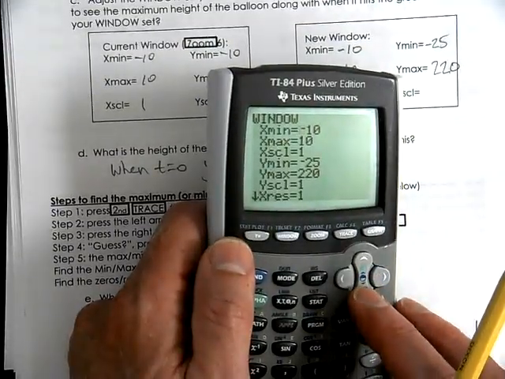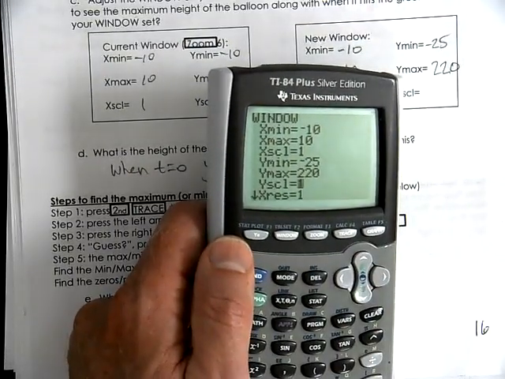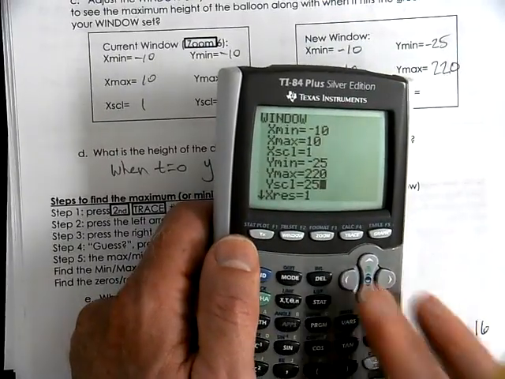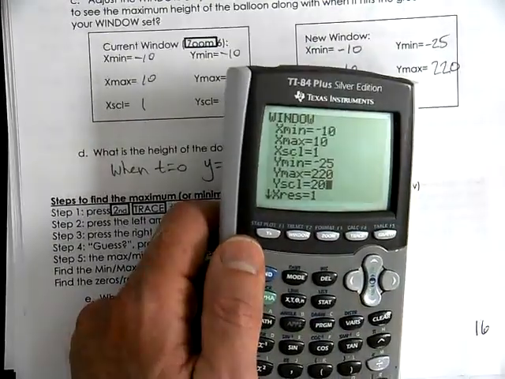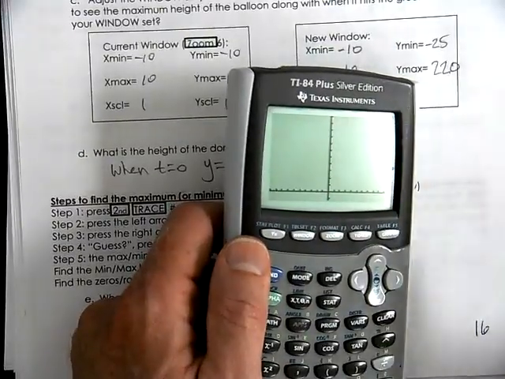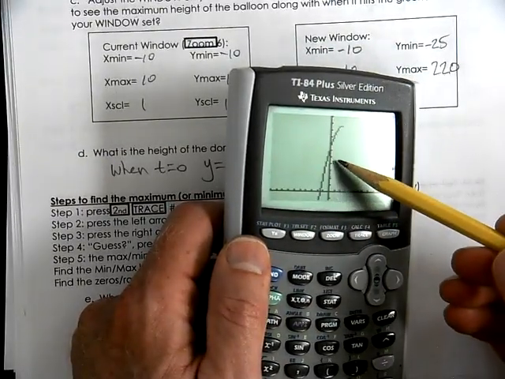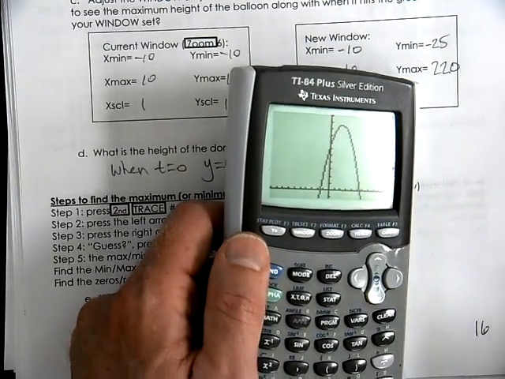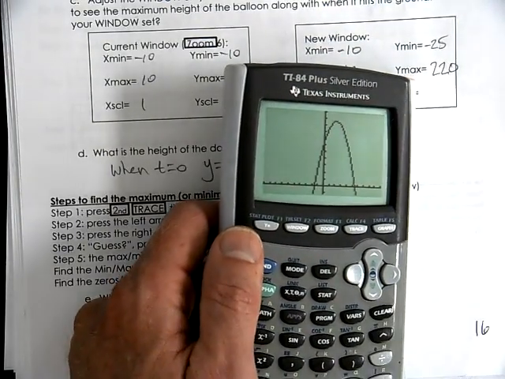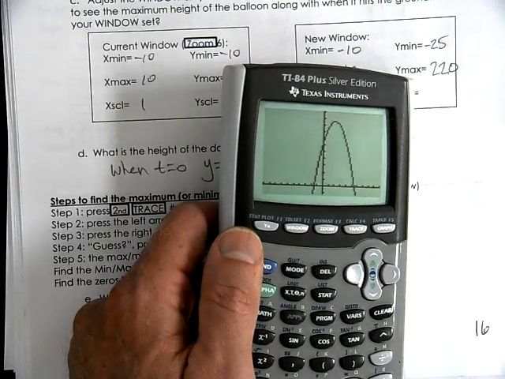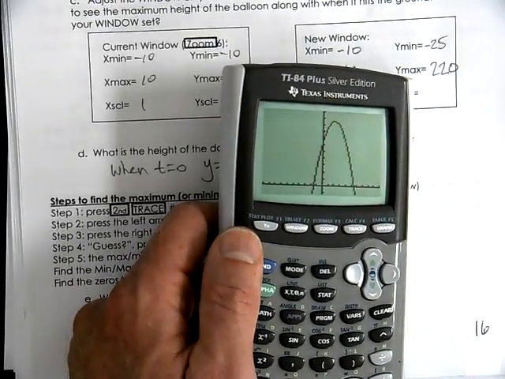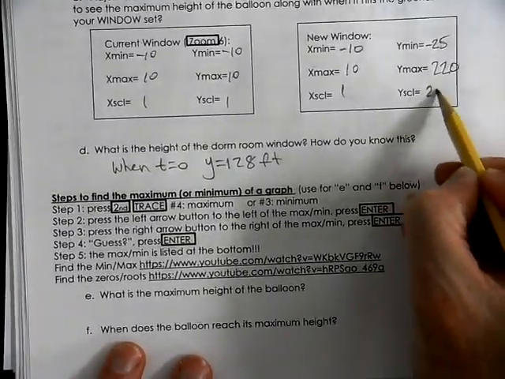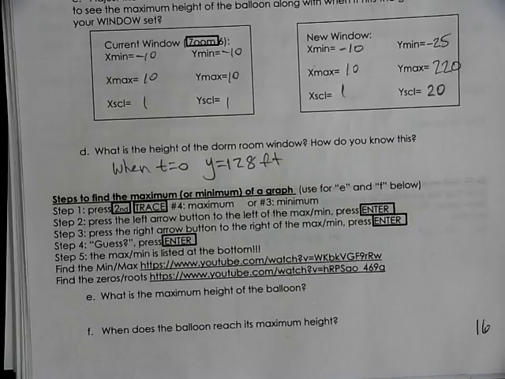If you go to window and you y-scale, you can tell it to put a pixel every 25 or even 20 units. And there are the tick marks every 20 units. It does not change your answer at all. It doesn't change the graph any more than show you the little tick marks. So that's not overly necessary. You can ignore that.